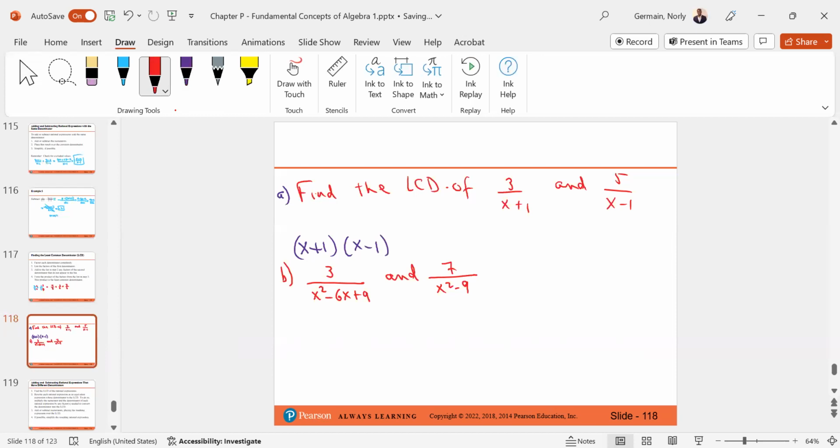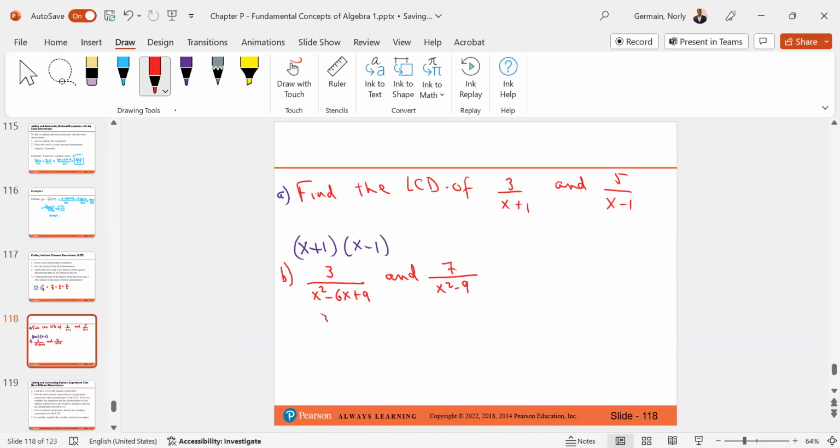When you look at these two expressions, you cannot say, oh, you know what? We're going to take the first denominator and multiply it with the second one. No. The first step, we must factor completely the denominators. You must factor completely the denominators.